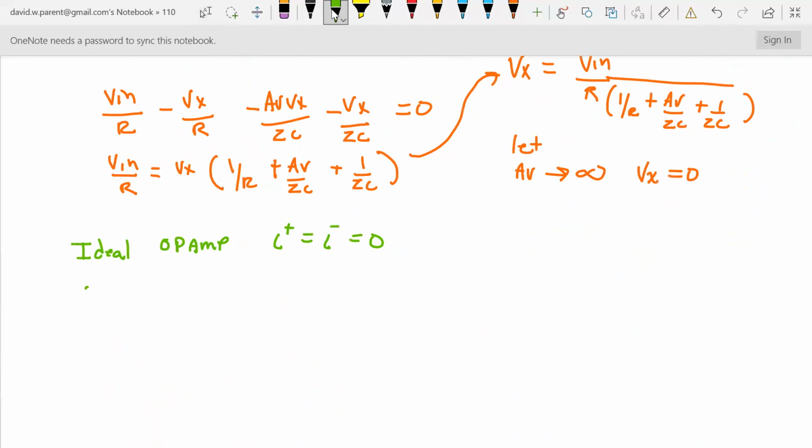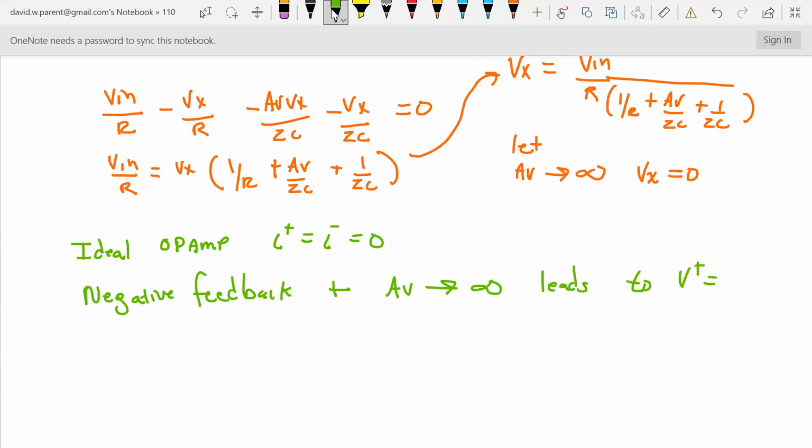Then negative feedback plus Av going to infinity leads to V plus equaling V minus.